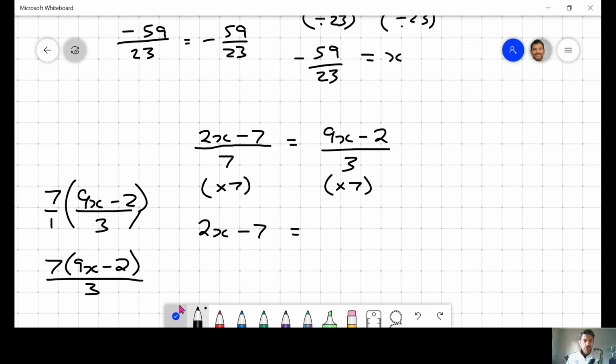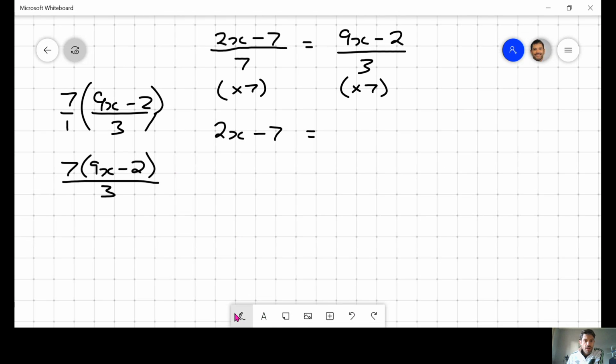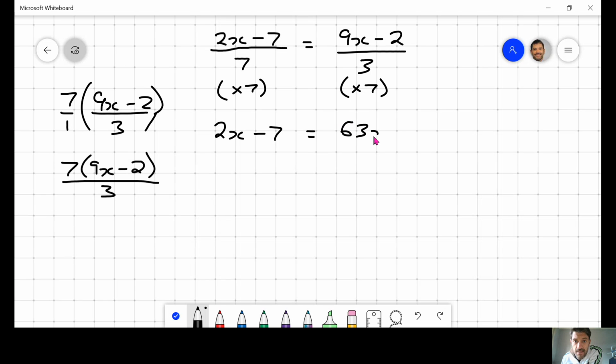And therefore we could just expand, we could multiply everything by 7. And I think that's what I'd do straight away. So we're timesing this by 7, so I'm going to get 7 9s 63x, 2 7s 14, and it's negative, all over 3. Okay, so that's a bit of a leap, but hopefully you can see it is just 7 times this whole thing. If we're doing 7 times it, that's 7 over 1.